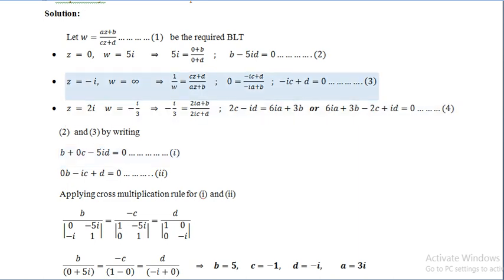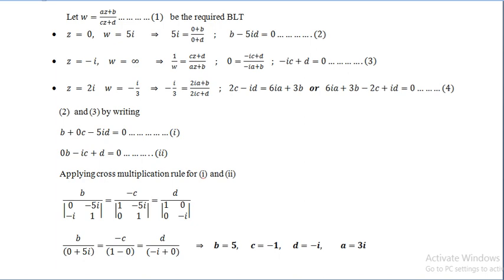So we will get the new equations 2 and 3.